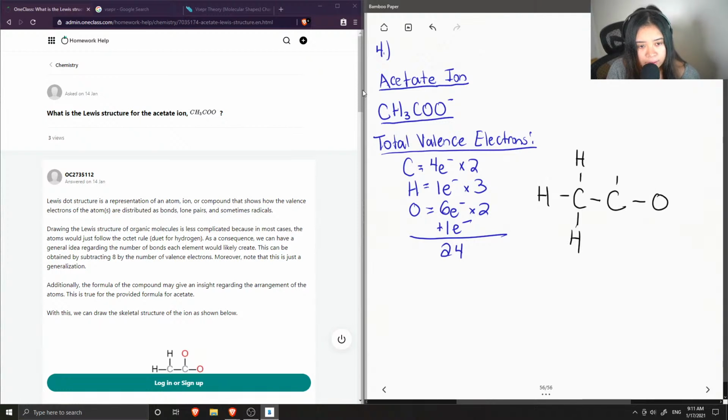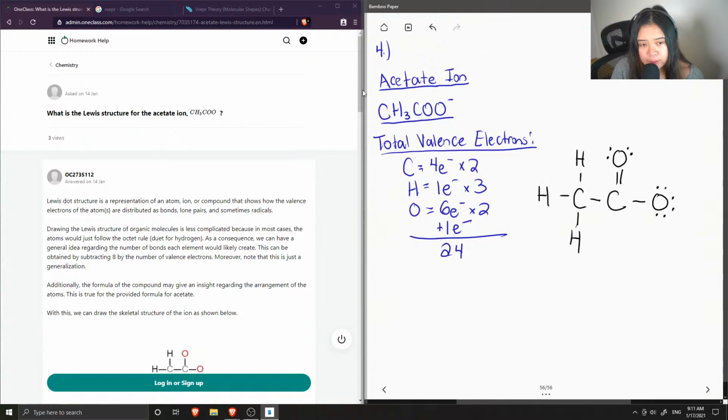And then the other one will contain the 2 oxygen atoms, but notice that it doesn't have a full octet yet, so I'm just going to make one of these oxygens double bonded, and then I'll fill in all the lone pairs on the oxygen as well.